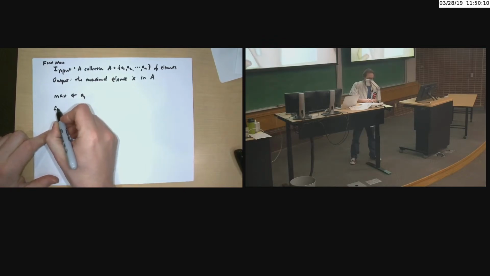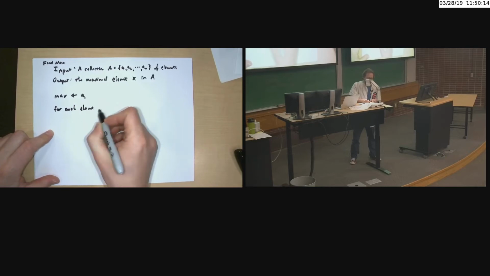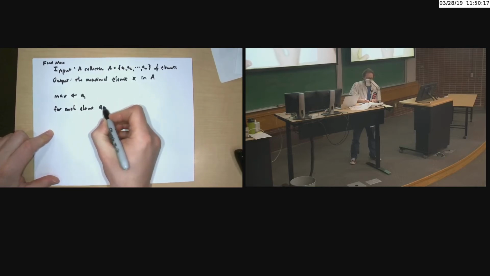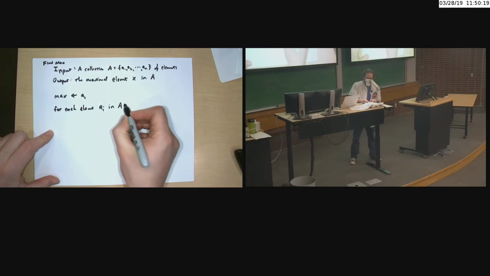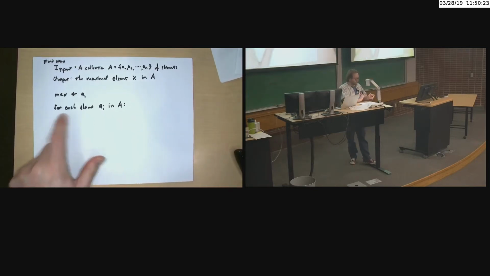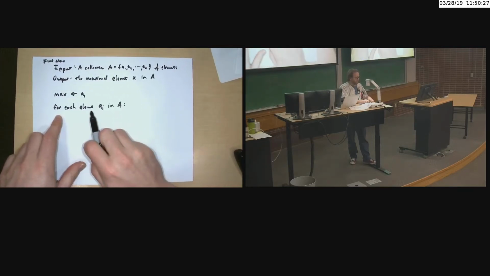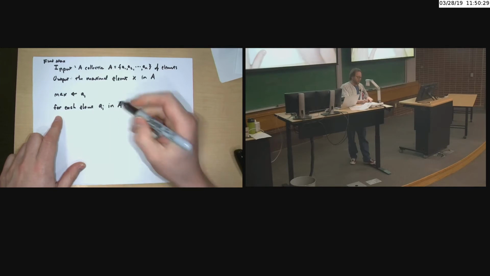Now I can have a for loop or a for each element. Let's say a sub i in A. And then I can describe what I'm going to do in that for loop. I'm using a combination here of plain old English along with mathematical notation.